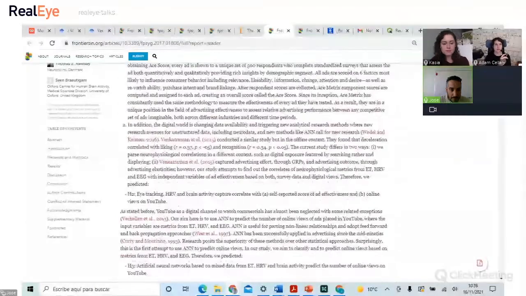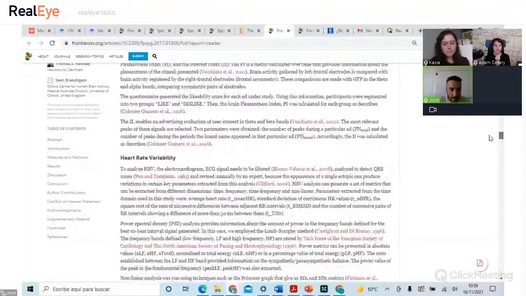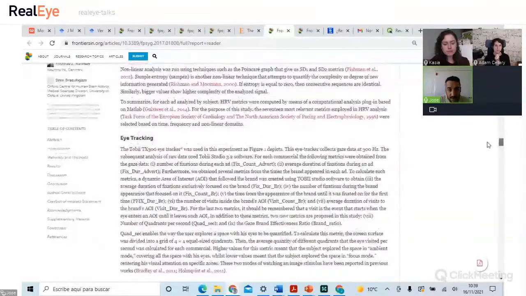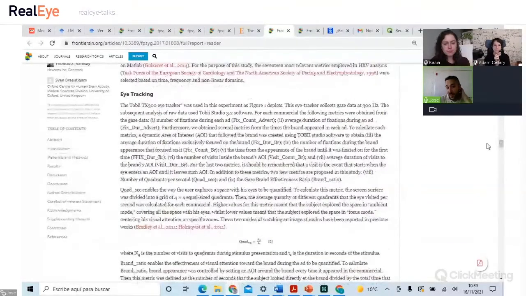For example, in eye tracking, we create new different metrics in order to understand how the people look at one ad and try to get if they are going to remember the brand of the ad, or how many areas of interest they visit, and how fast they visit. If they have a cognitive load, it is going to be slower.